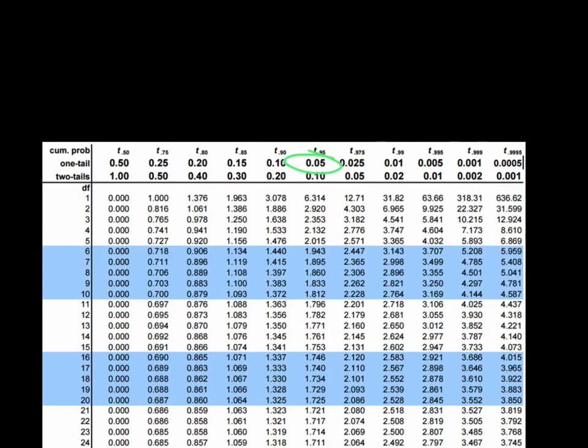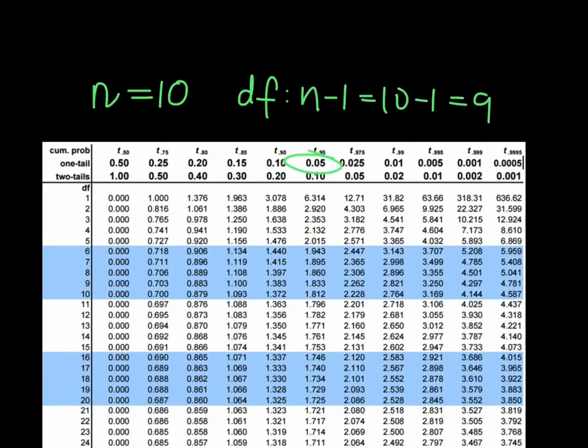Since Ramona only sampled 10 students, the sample size is 10, and the degree of freedom, which is n minus 1, is 10 minus 1, which is equal to 9. So under the 0.05 alpha, we go to the df, the degree of freedom 9. And then we trace from the table the intersection of the two values. So we have 1.833 on the row of 9 and on the column 0.05.